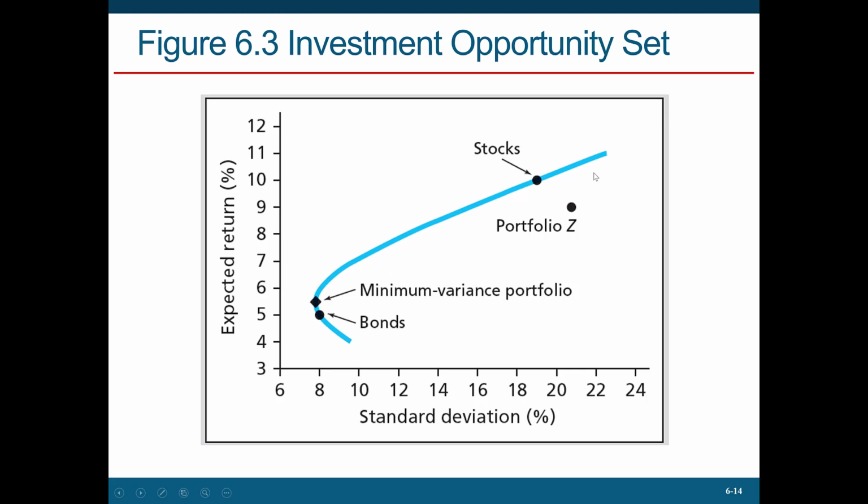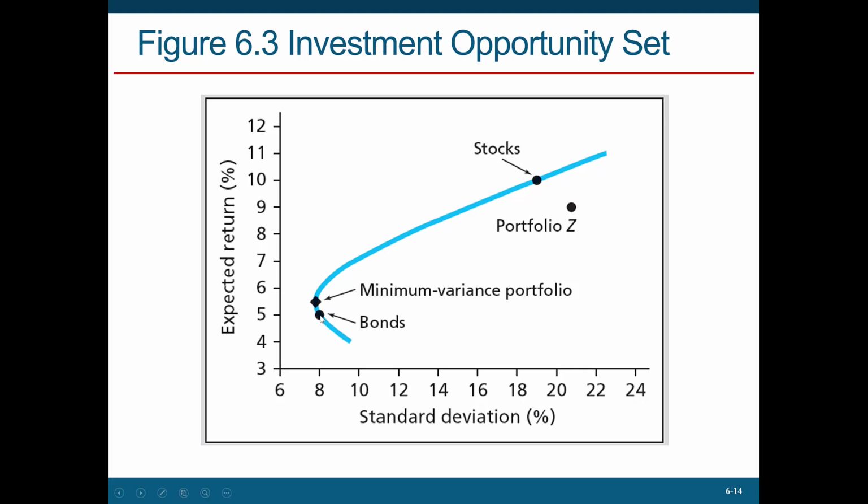In order to plot this graph, you actually need a number of different data points and then join those data points with a smooth curve. For the straight line, we just need two data points. So the idea is still the same. You have risk on the x-axis, your sigma, your expected return on the y-axis, and what this graph is again showing is different combinations of stock and bond.